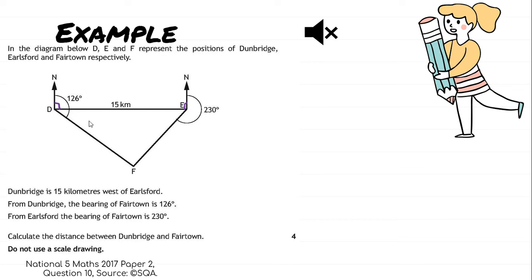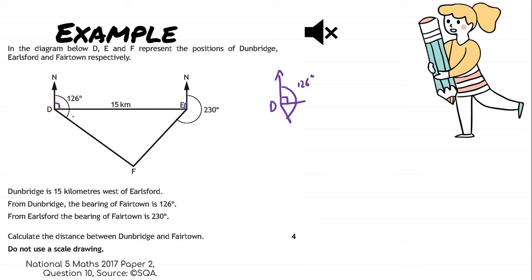What can we work out now that I've drawn those right angles on there? I'm just going to draw a D here. We know that's a right angle, and we know that the whole thing is 126 degrees.